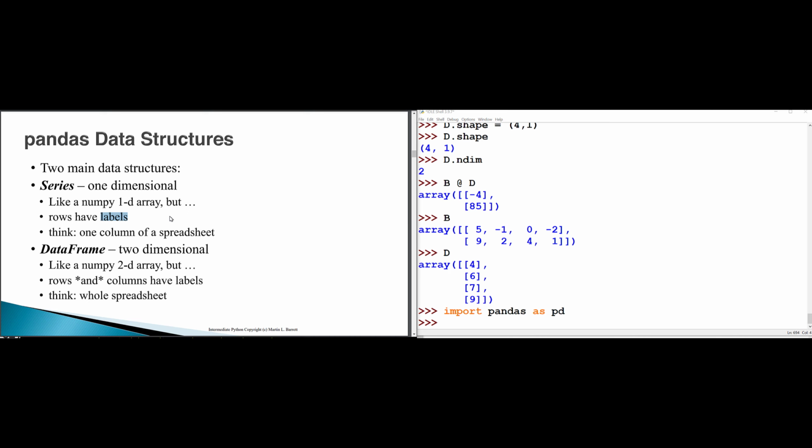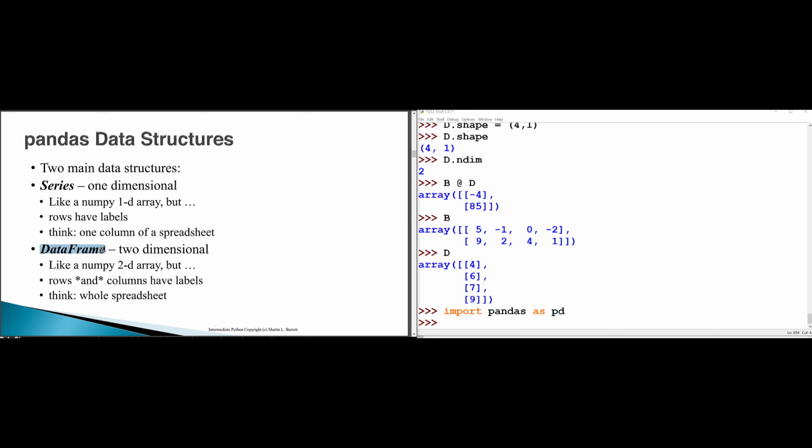We don't have to access the items within a series using integer subscripts like we do in an ndarray. Now, we can use integer subscripts. We can also use names or labels that have been given to the values. Series is mostly what we're going to talk about in this lecture.